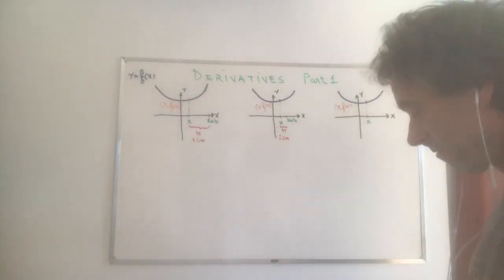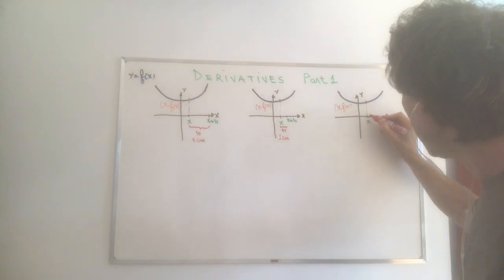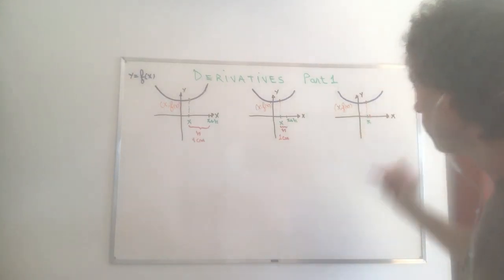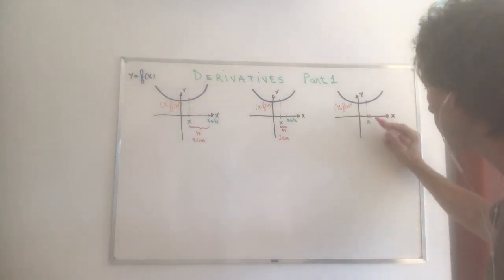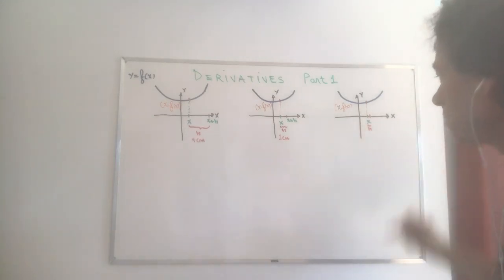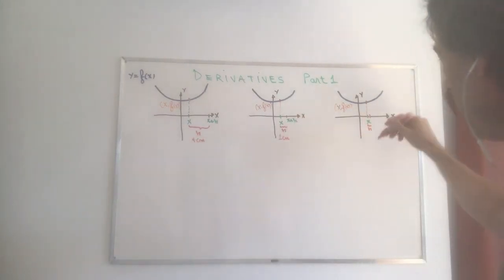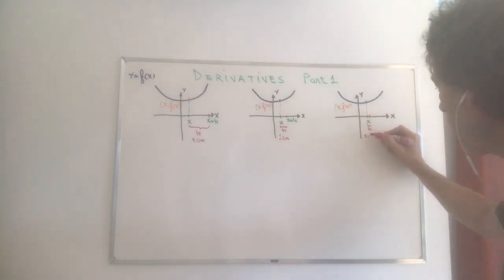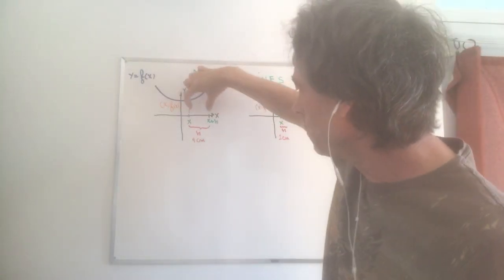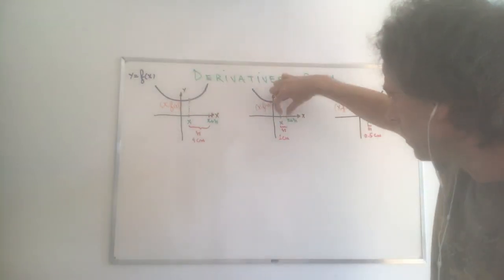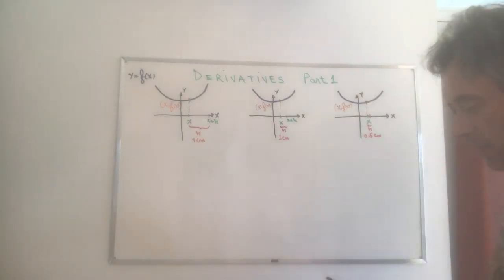I'm going to have an h very, very, very close to my x. This time, oh boy, look at that little h here. This is h very, very small. If this was 1 centimeter, maybe this is 0.5 centimeter. So I'm shrinking the distance between those 2 points, between x and x plus h.